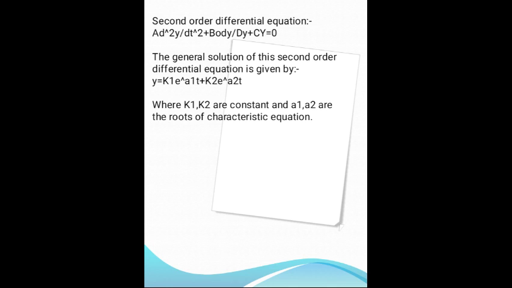The general solution of this second order differential equation is given by y = k1 e^(a1 t) + k2 e^(a2 t), where k1 and k2 are constants, and a1, a2 are the roots of the characteristic equation.